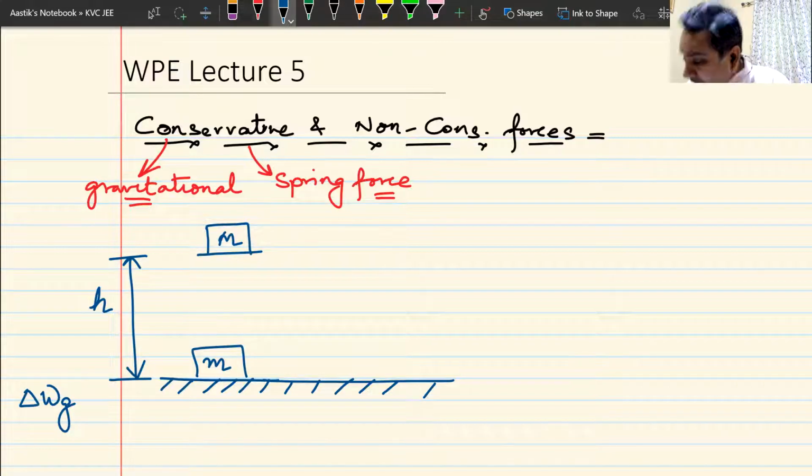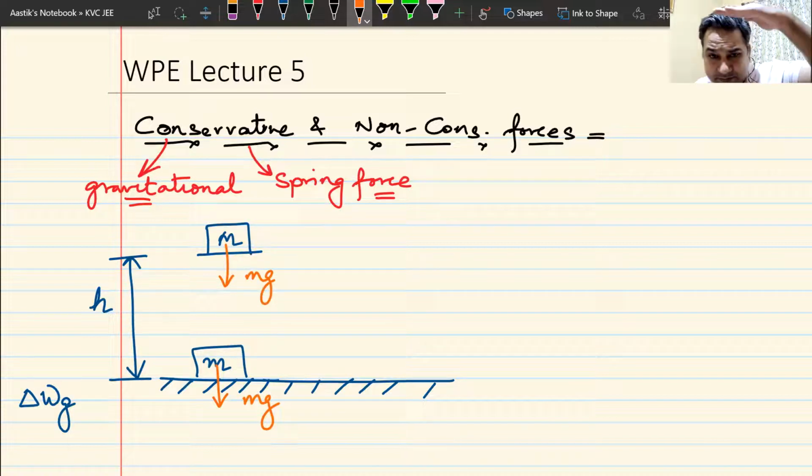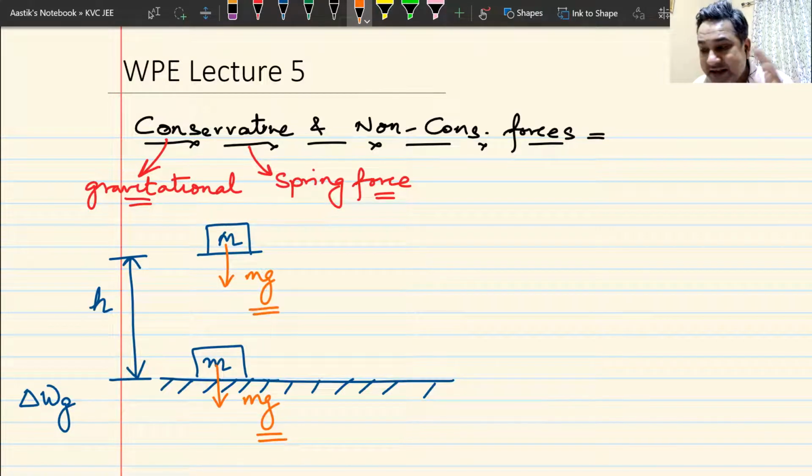Gravity force is always acting downwards, mg, whether the block is kept on the ground or at the height h. So gravity force is downwards and the displacement of this block is upwards, and gravitational force is constant, it is mg. Now you can easily find out the work done by gravity in this case. What will be the work done by gravity when I lift the block from ground to the height h?